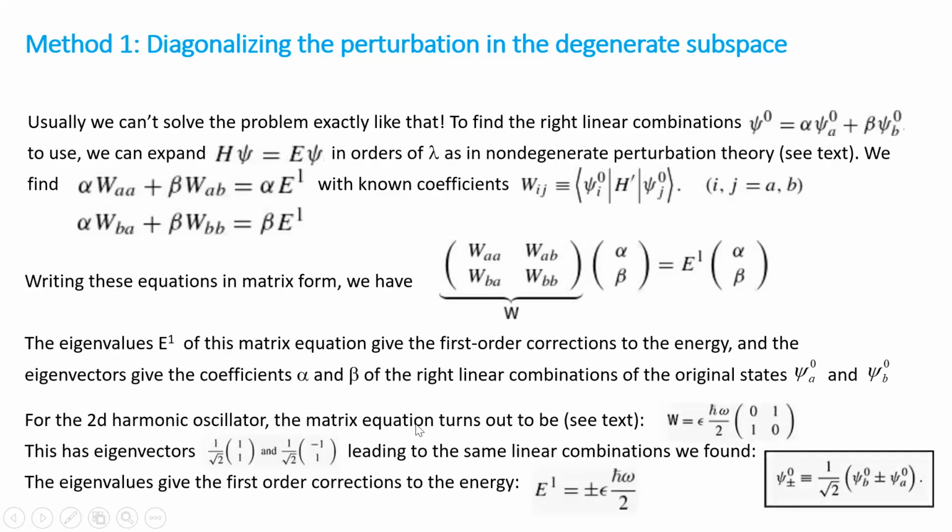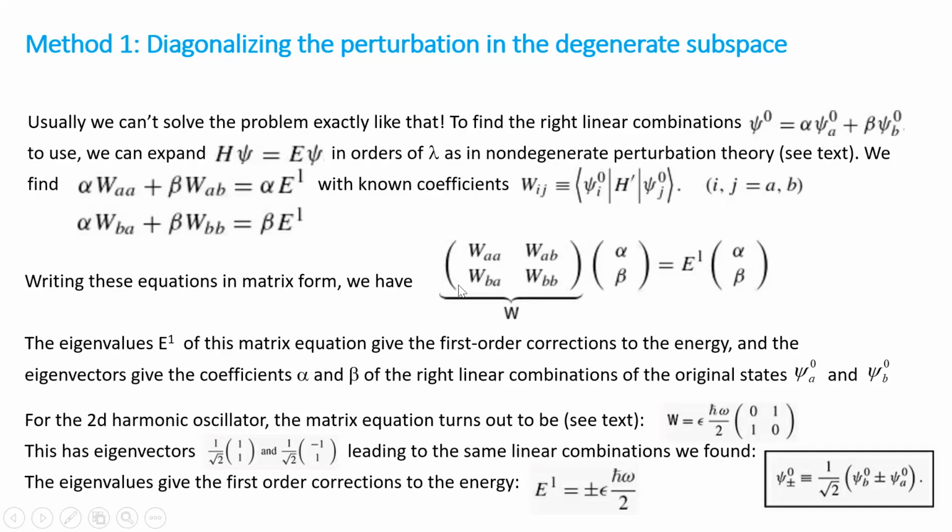Okay, so going back to our example, the 2D harmonic oscillator, the matrix equation turns out to be, if you do these integrals using the psi A0 and psi B0 which we looked at before, the combinations of psi 0x, psi 1y for psi A, and psi 0y, psi 1x for psi B, you get this matrix here: epsilon h bar omega over 2 with 0, 1, 1, 0.